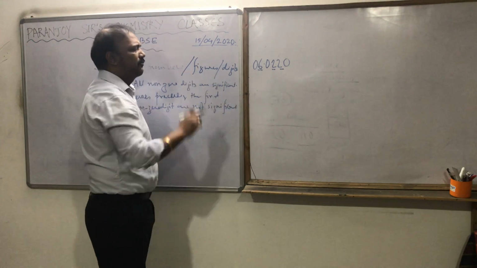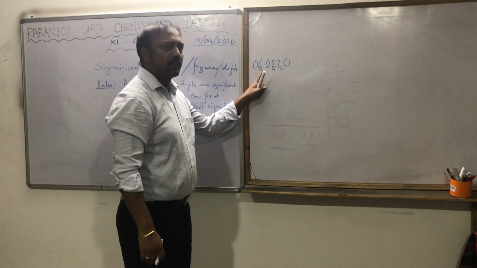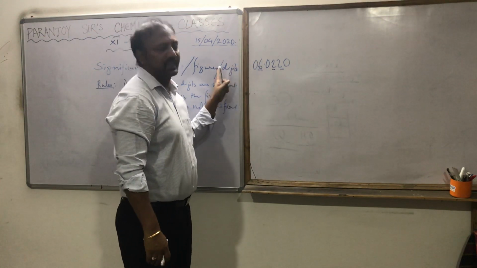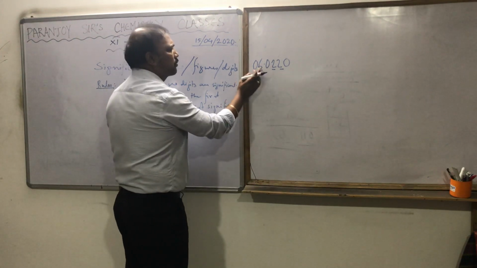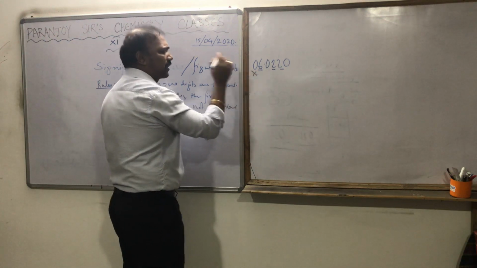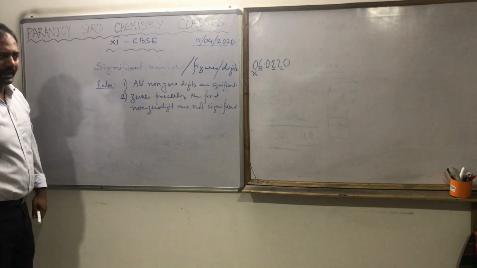Here the first non-zero digit is 6, so any zeros preceding that are not significant. So this leading zero is not significant. That is told by the second rule.